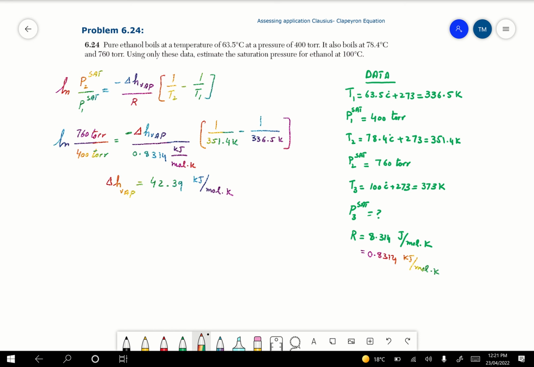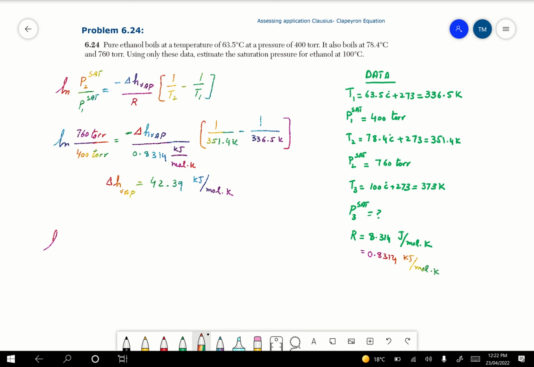So to get P3 sat, we need to apply the Clausius-Clapeyron equation again. Now we will use the second and third readings. Initially we applied the equation for P1 and P2. Now we will do P2 and P3, because P3 is unknown.